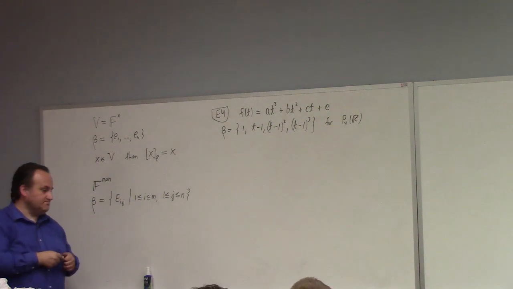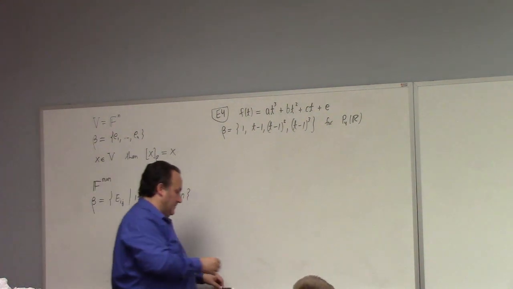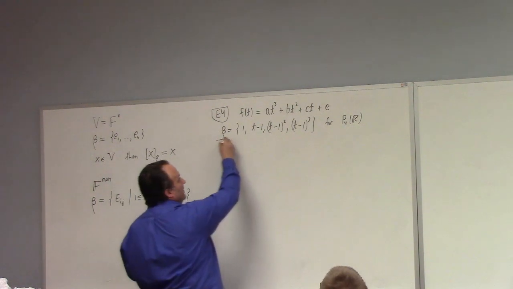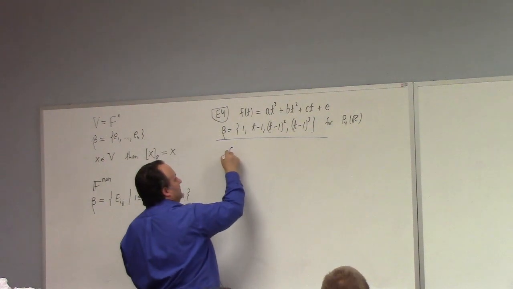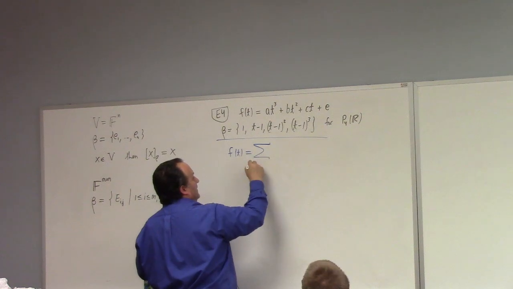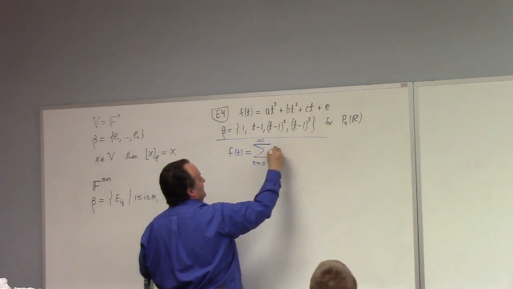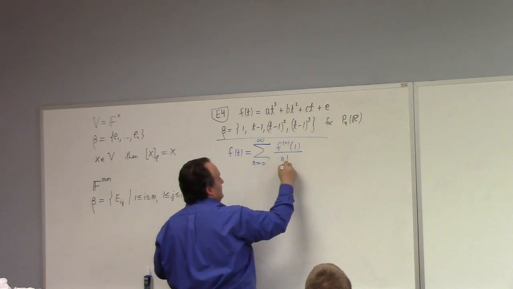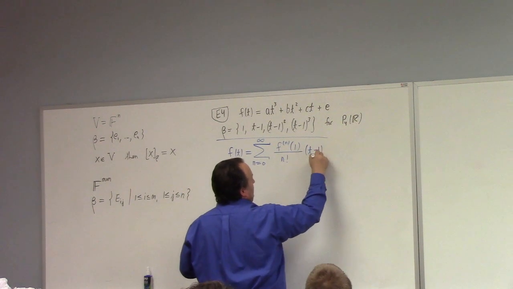How would we do it? How about this? Calculus 2. Calculus 2 says that we can write f(t) as the sum from n equals 0 to infinity of the nth derivative evaluated at 1 over n factorial times (t minus 1) to the power n.